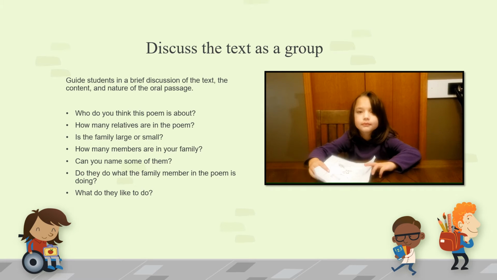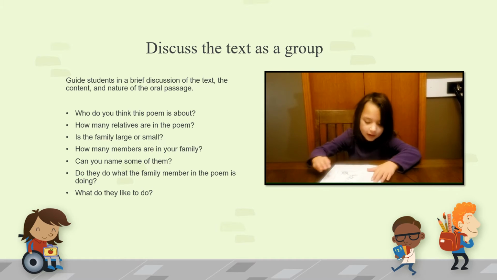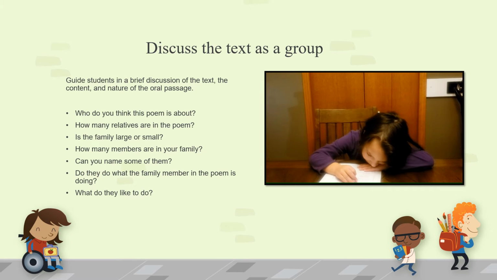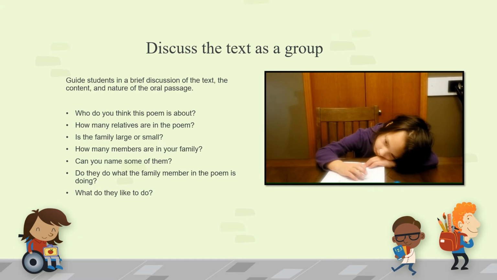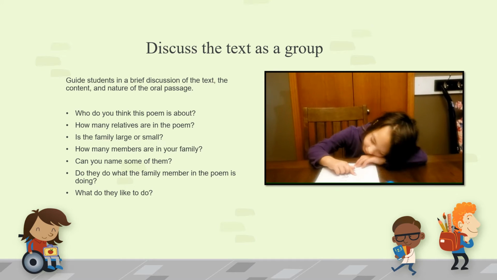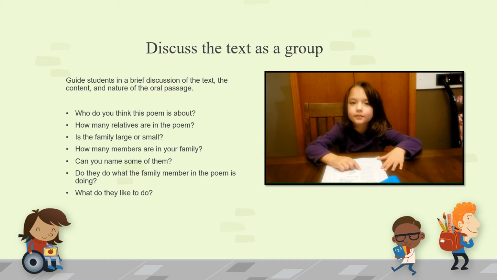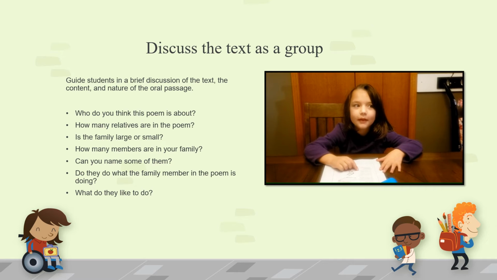No. Because it has a brother. It has a sister too. So what's the sister doing? She's cooking. Yeah? Does your sister cook? No. No? Oh, okay, because she actually doesn't know how to write yet.